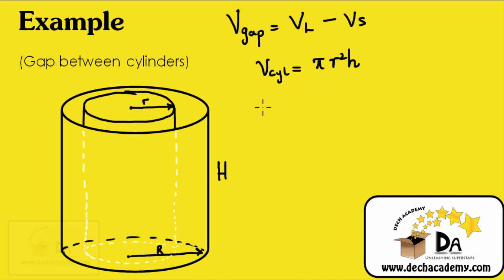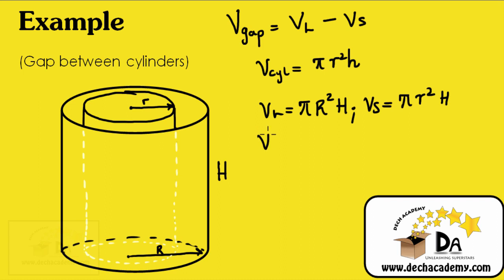In this case, the volume of the larger cylinder is pi times uppercase R squared times the height, which is h here, and the volume of the smaller cylinder is pi times lowercase r squared, so lowercase r represents the radius of the smaller cylinder, times the same height, uppercase H.